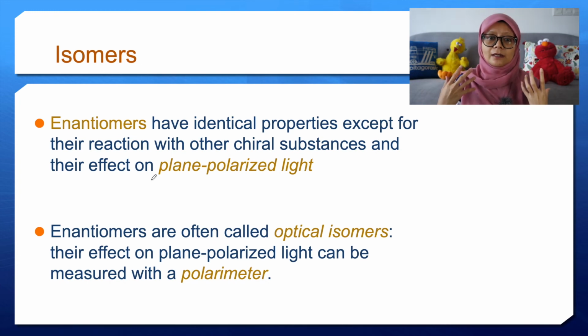So these enantiomers are usually called optical isomers. Their effect on plane polarized light can be measured with what we call a polarimeter. This is an instrument that you want to use if you have enantiomers, in order to identify the properties.